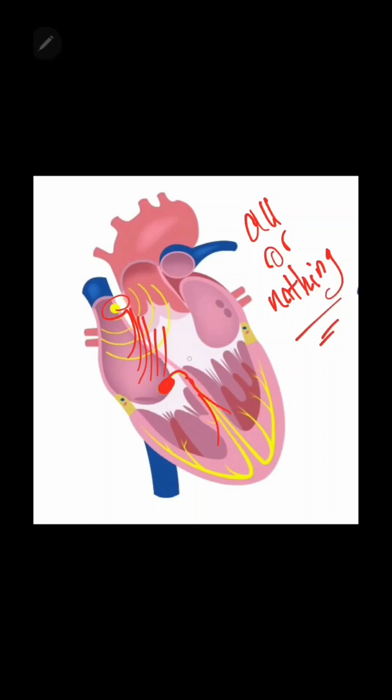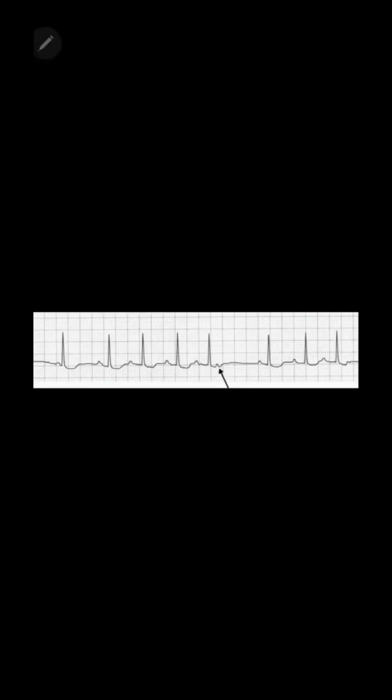Now, if another signal comes from another focus somewhere in the atria and depolarizes the atria, well, sometimes what happens is that this PAC can actually hit the AV node while the His-Purkinje network is still in an absolute refractory period. So if that occurs, what you will end up with is a PAC that was blocked and not conducted through the His-Purkinje network. Now let's look at a couple of examples together.